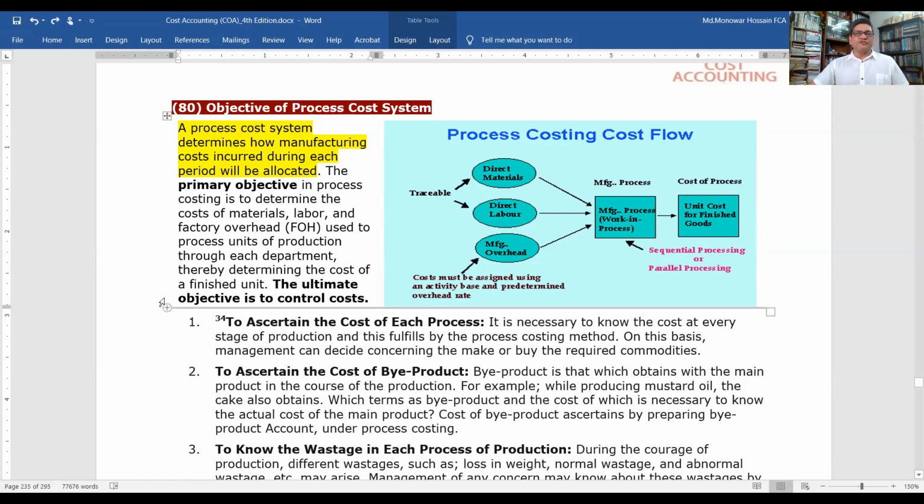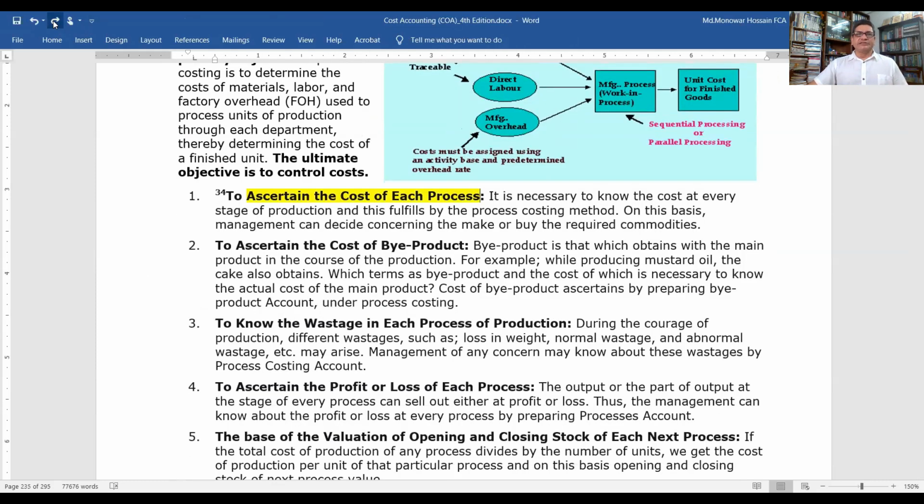The ultimate objective is to control cost, ascertain the cost of each product process, ascertain the cost of byproducts, know the wastage of each process of production, ascertain the profit or loss of each process, and base the value of the opening and closing stock of each next process.